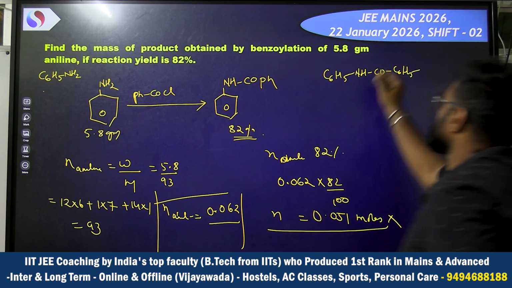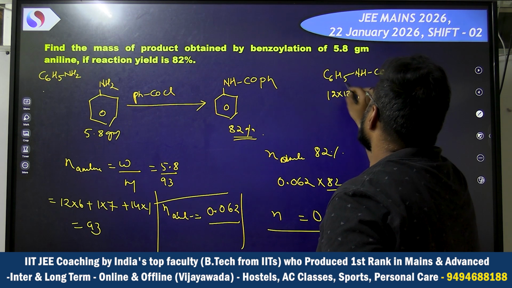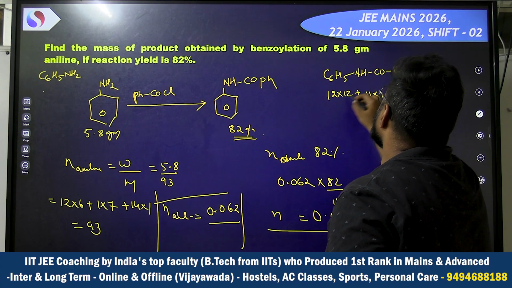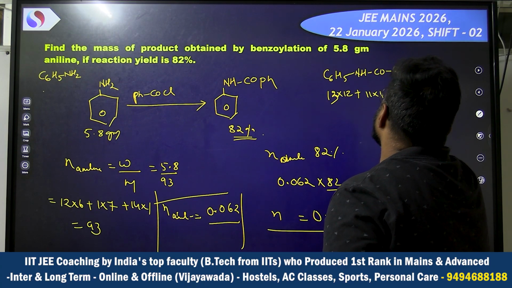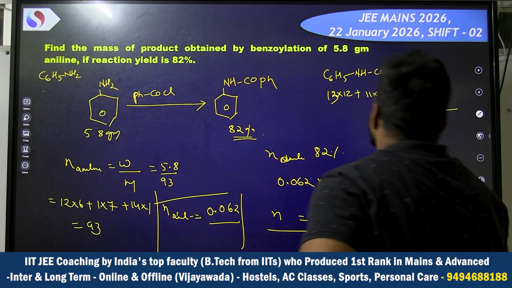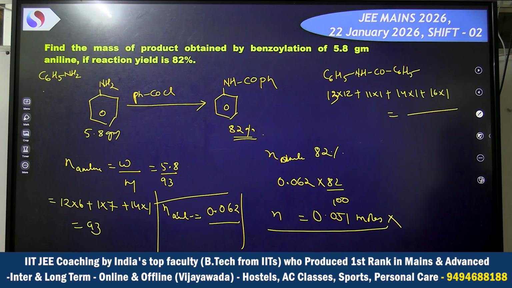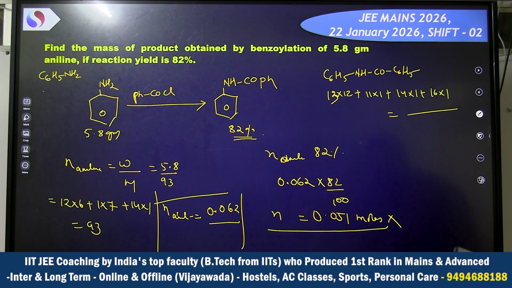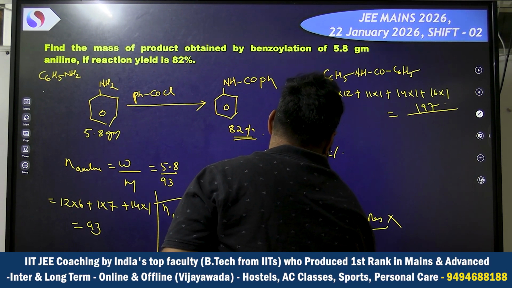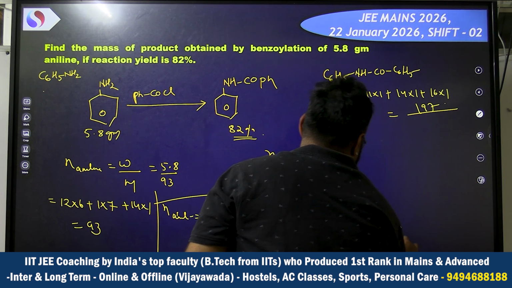So try to find out: 12 into 6 plus 6, 12, plus 5 and 5, 10, 11 carbon, so this is 13. 14 into 1 plus 16 into 1, so 16 and 14, 30, 30 and 11, 41, 41, and this will be 1. Total will be 197. So weight of compound is 0.051 into 197.